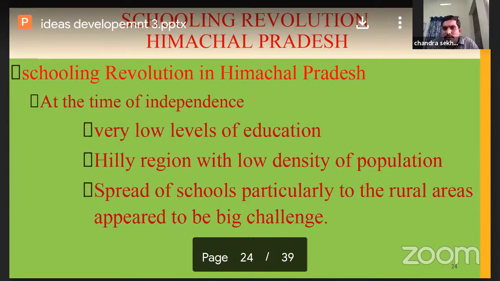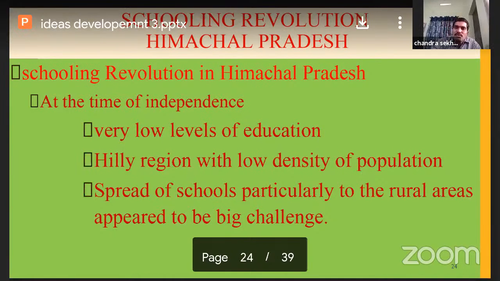At the time of independence, if we observe the condition of Himachal Pradesh, very low levels of education facilities were there, and in a hilly region with low density of population, the spread of schools, particularly to the rural areas, appeared to be a big challenge in Himachal Pradesh.